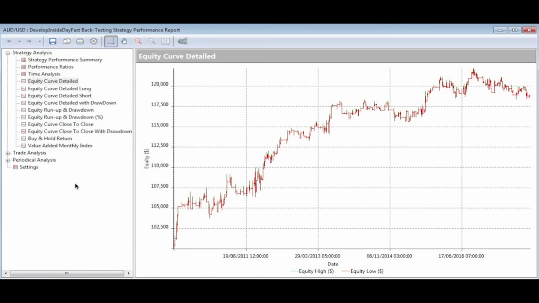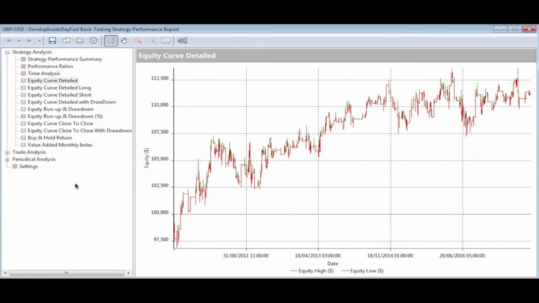Quickly looking at the chart, we can see that over time, this doesn't look a bad strategy to use on this pair. Okay, we'll quickly move forward. This chart is the pound versus the dollar. It makes money, so we can see probably in the last few years it's gone reasonably sideways, but it's not disastrous.